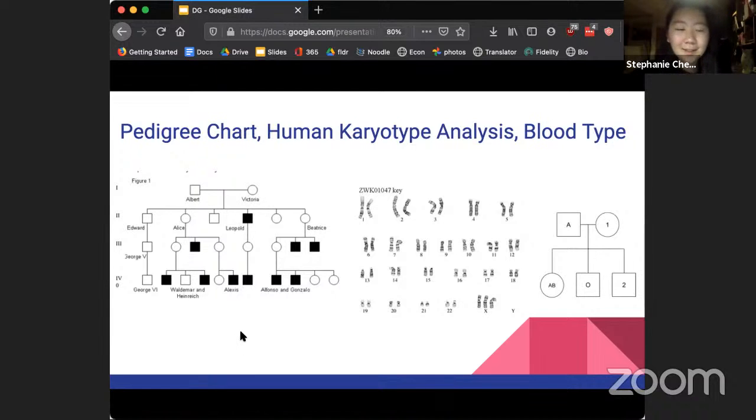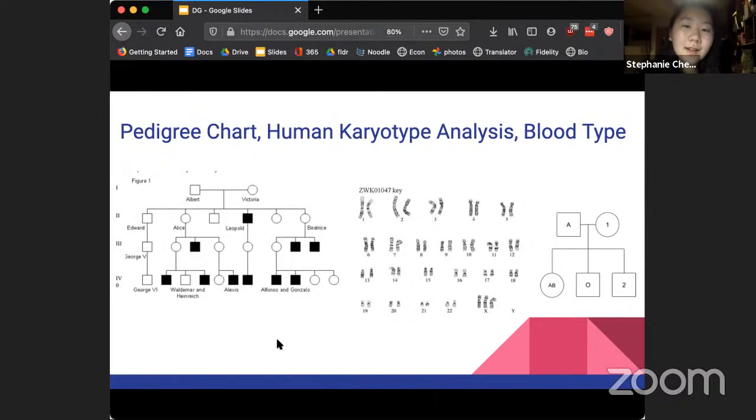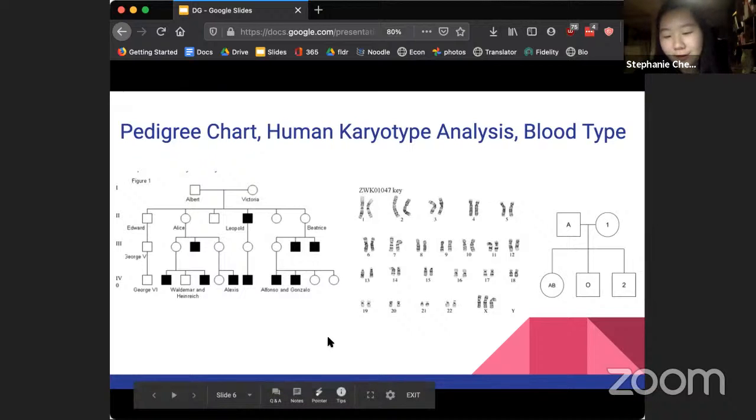They had a lot of inbreeding, so there was a lot of hemophilia that was passed down through generations, and it's important to know the genetic disorders and the inheritance patterns that Sophia mentioned in the slide before, to be able to really identify and look through the chart to see what disorder a family might have in their tree.